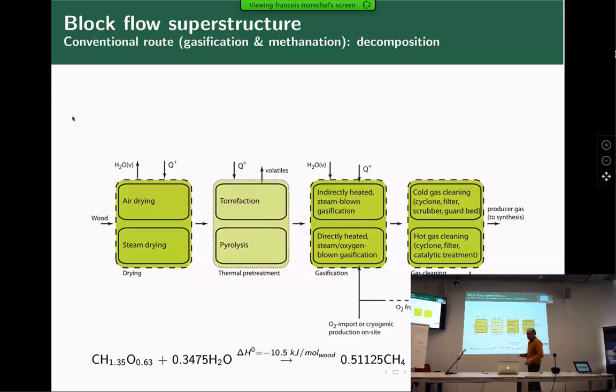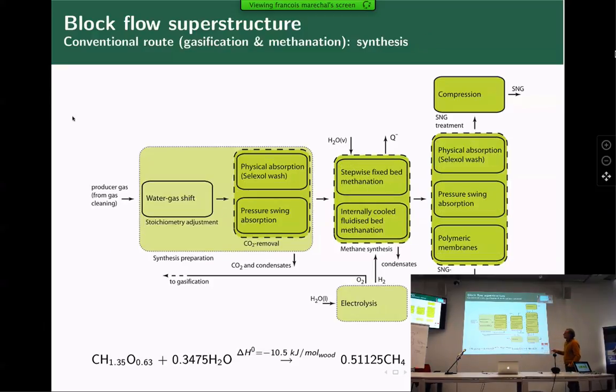And I can continue like this, because after the syngas is produced, then I perhaps have to adapt the stoichiometry, perhaps extract the carbon dioxide, then do the methanation in order to convert the syngas into methane.